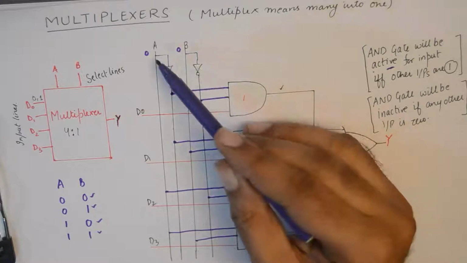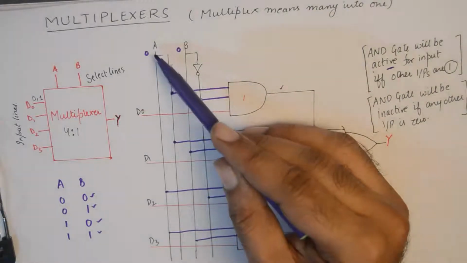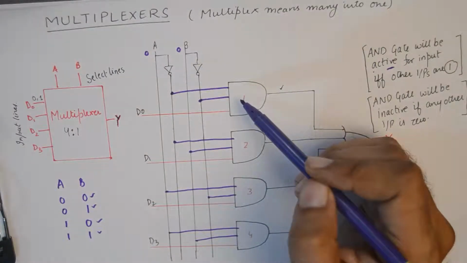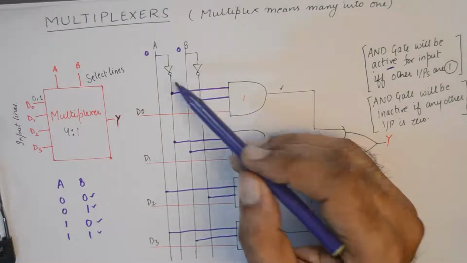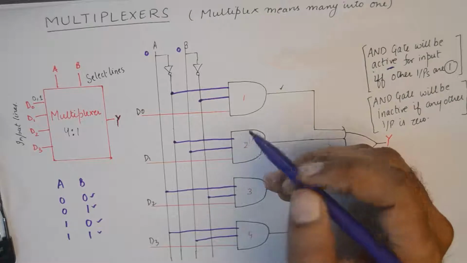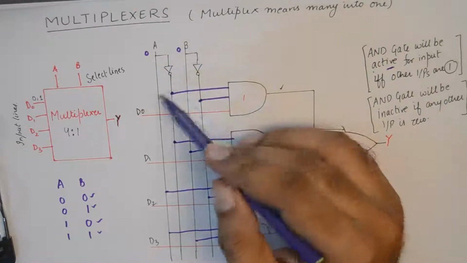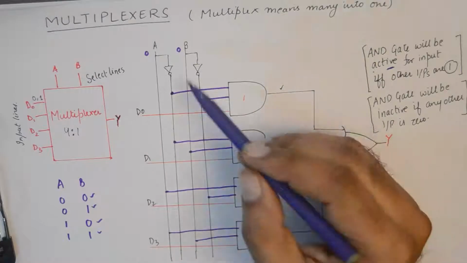As you can see, while we were discussing the first case for 0, 0, only gate number 1 was active via the NOT gates. All the other gates had one or the other 0 coming in through this select lines combination.